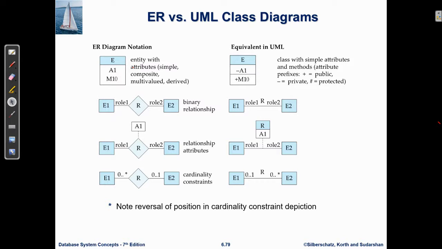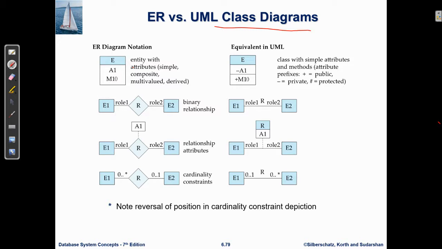Now this is the UML class diagram. Remember, it comes under which diagram? Which diagram will class come under? Am I audible?